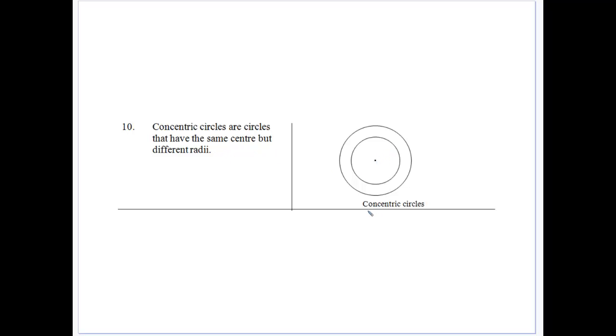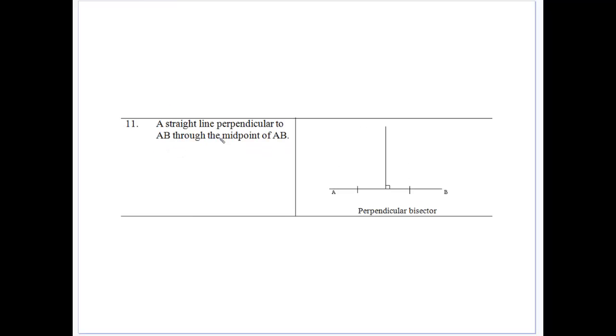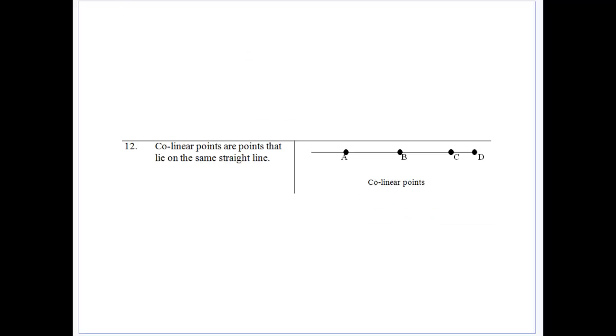So concentric, so co means together, and obviously centric means center. Together have the same centers. A straight line that is perpendicular to AB and through AB at the midpoint is called a perpendicular bisector. So it cuts it in half, and it's bisecting it, and it's also perpendicular to it.